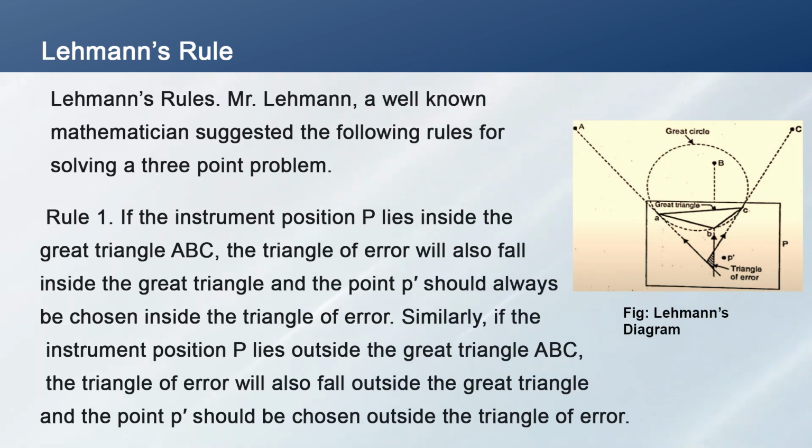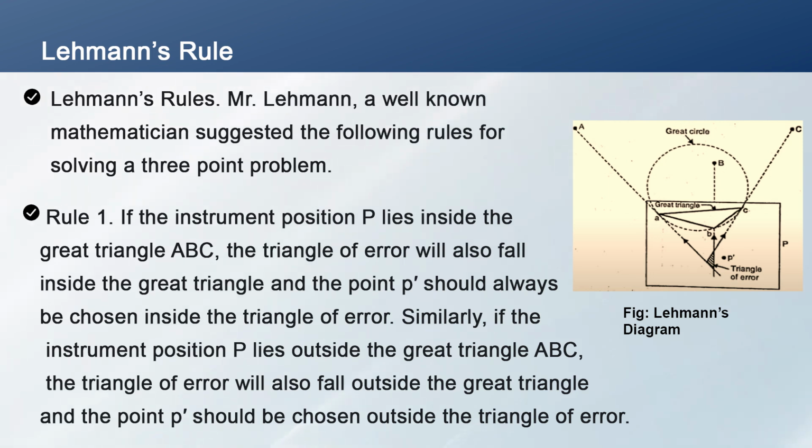In Lehmann's rule, Mr. Lehmann, a well-known mathematician, suggested the following rules for solving the 3-point problem. Rule number 1: if the instrument position capital P lies inside the great triangle ABC, the triangle of error will also fall inside the great triangle, and the point small p dash should always be chosen inside the triangle of error.